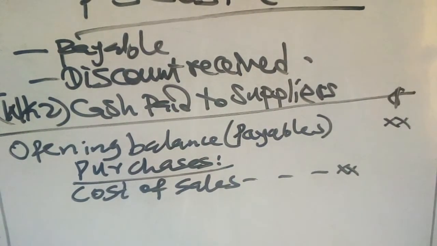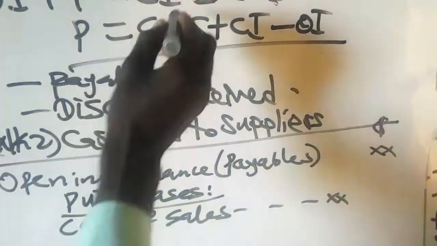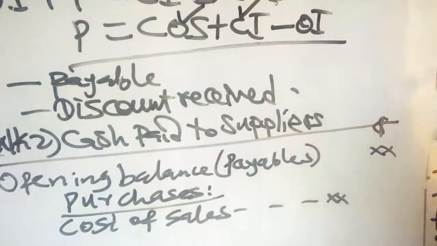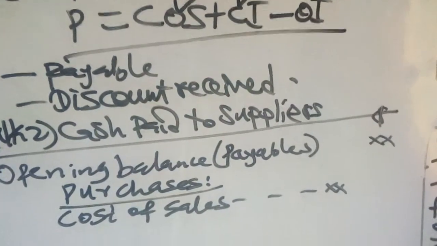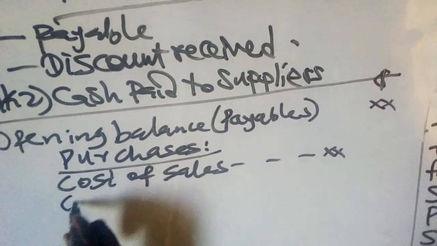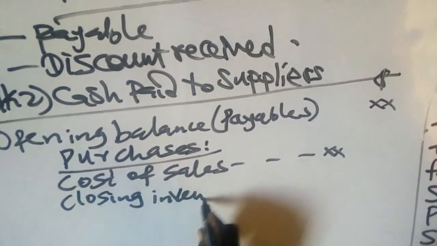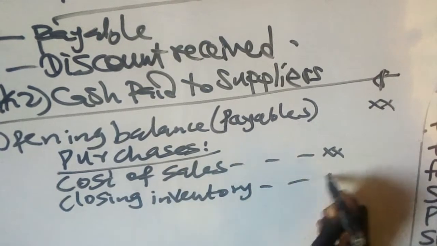Your cost of sales. Then after cost of sales, you add closing inventory. You add closing inventory to cost of sales. Closing inventory, you add them to cost of sales.